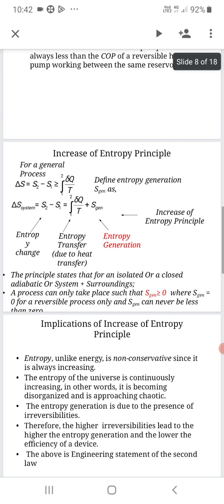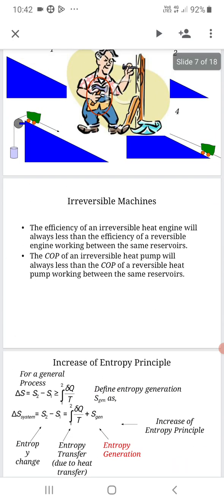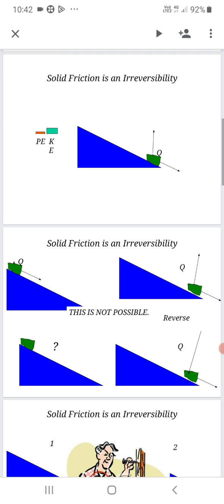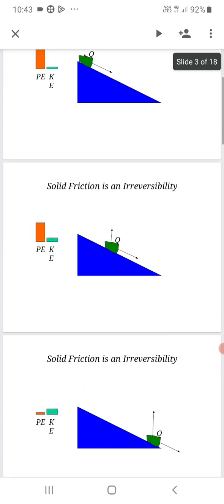The increase in entropy will happen due to increase in temperature. And irreversibility, or wastage of energy, means some kind of energy will be converted into work. The remaining energy will be supplied to the sink, and the loss in energy may be measured in terms of friction also.